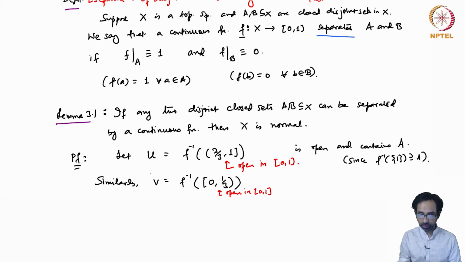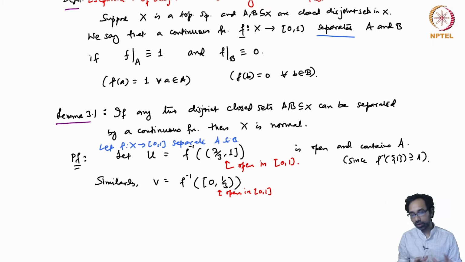I did not write what f is here, so let me write it: let f from X to [0, 1] separate A and B. Of course you cannot use the same function to separate any two pairs of disjoint closed sets.